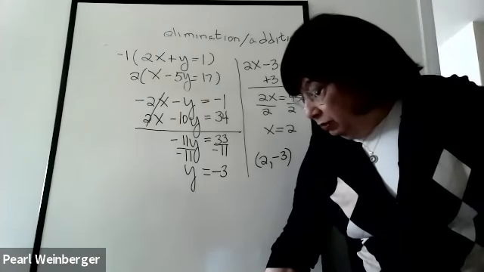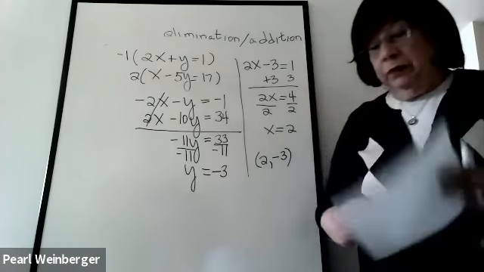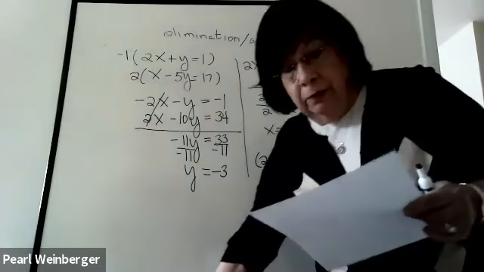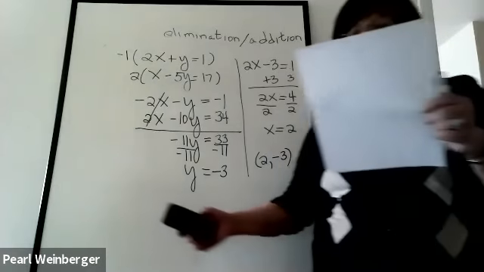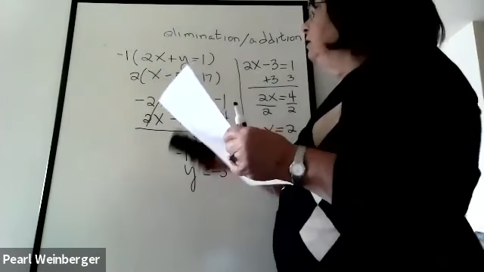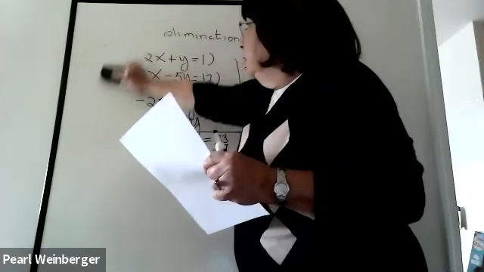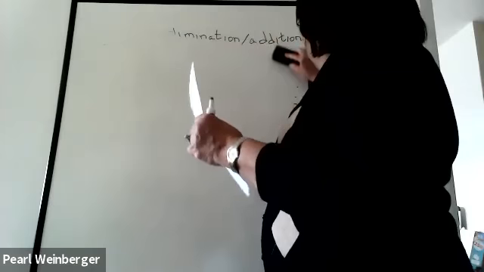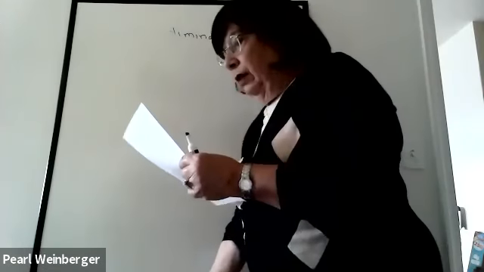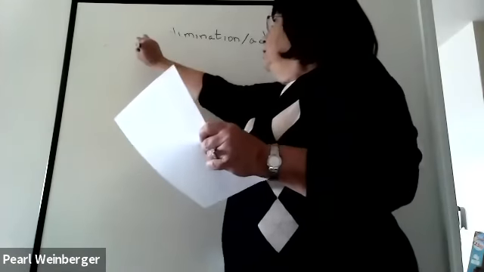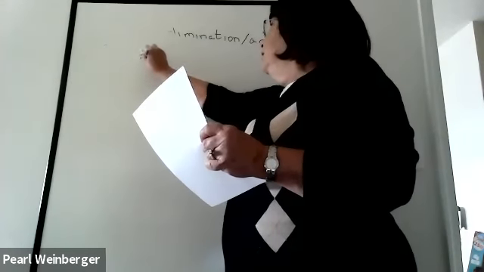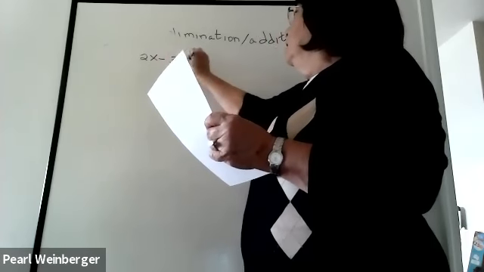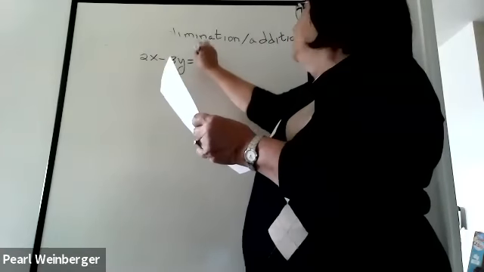Okay, then I'm going to go to practice sheet 3 and look at example number 1 on practice sheet 3. The first equation is 2x minus 3y equals 13.